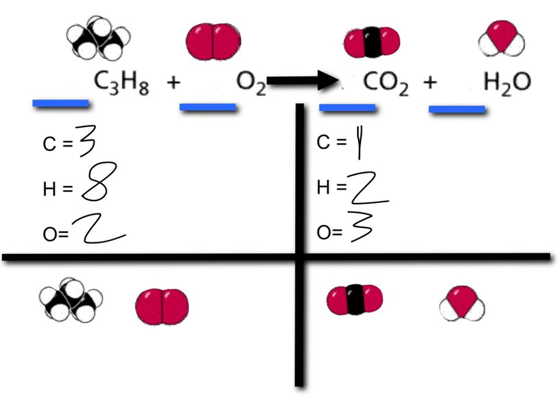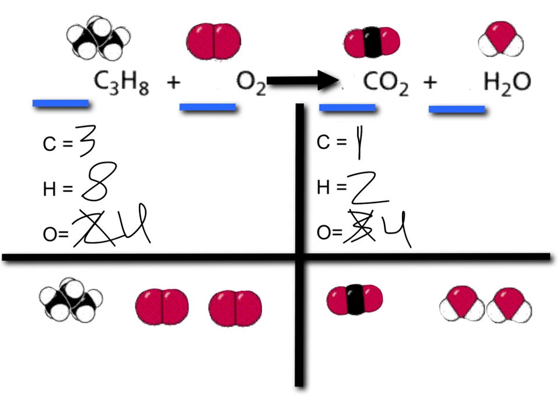Once again, nothing is mixed on this page. So we can make the oxygens even by adding 1 more H2O and adding a second O2, which makes the oxygen now 4 on each side.